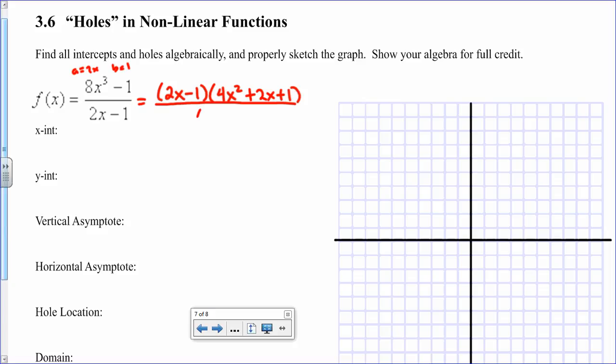And then that's over 2x minus 1. So does that cancel? Does the denominator cancel? The only way is if you know how to factor difference of cubes.